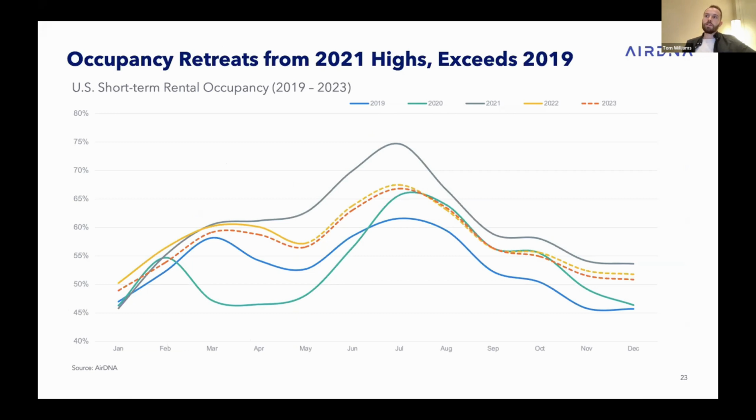As we look to the end of the year and towards 2023 in the US, it's unlikely we'll see the highs of 2021 due to that inflated supply against demand. However, we are seeing promising performance in both the rest of 2022 and 23. They are pacing higher than what we saw in the 2019 occupancy figures.